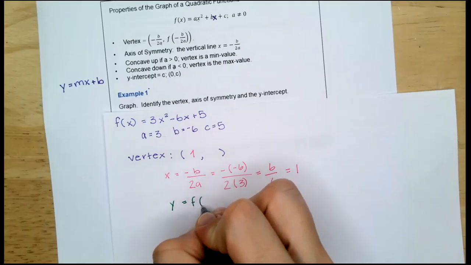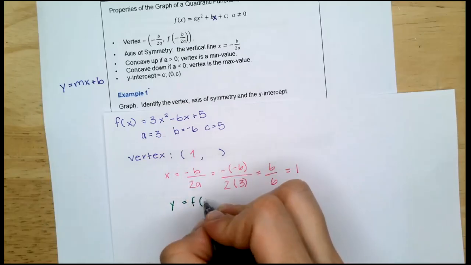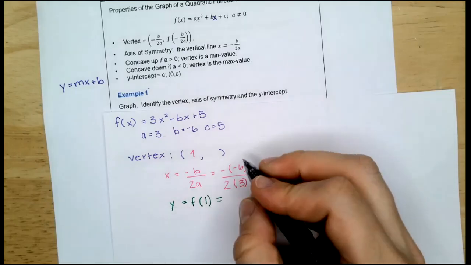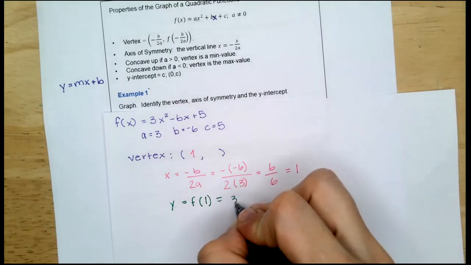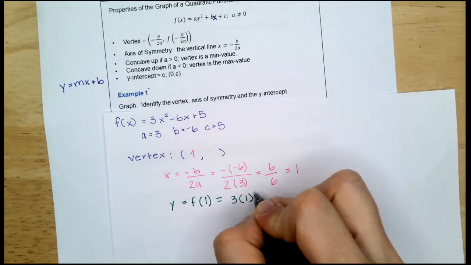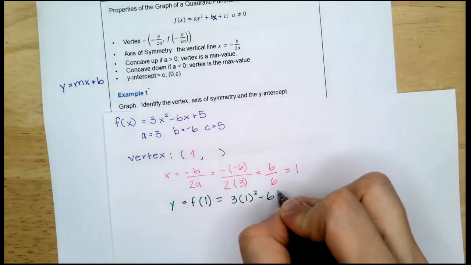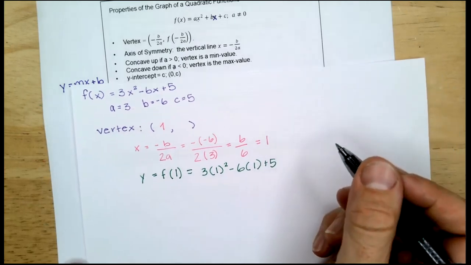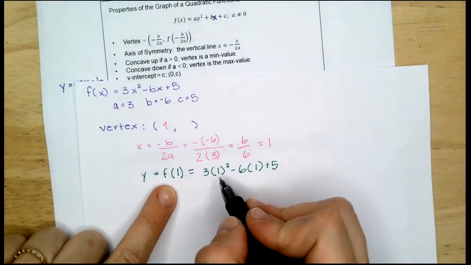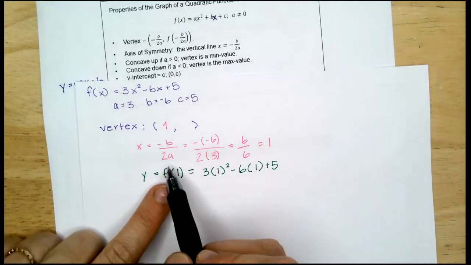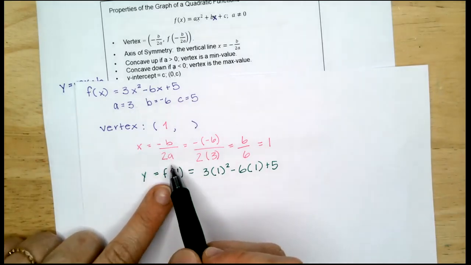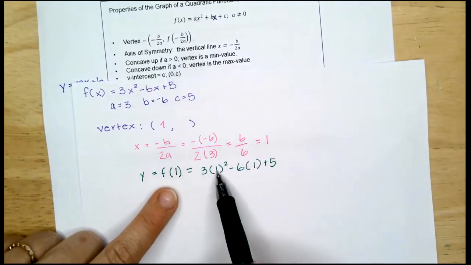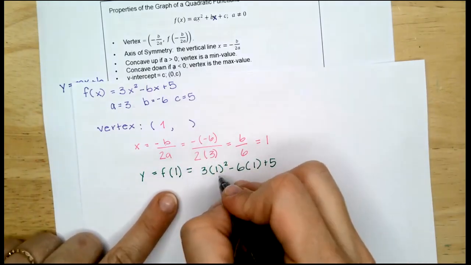F of negative b over 2a we decided was 1. 3 times 1 squared minus 6 times 1 plus 5. It's kind of an easy one. Good. So it's f of 1 because it's f of negative b over 2a. F of negative b over 2a is f of 1.